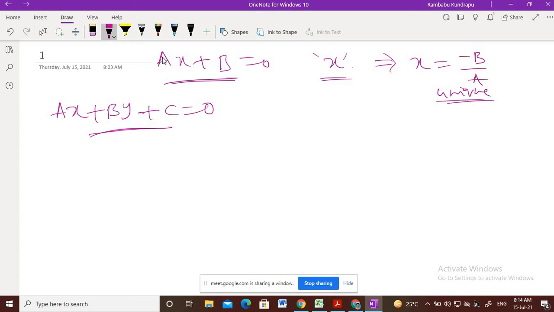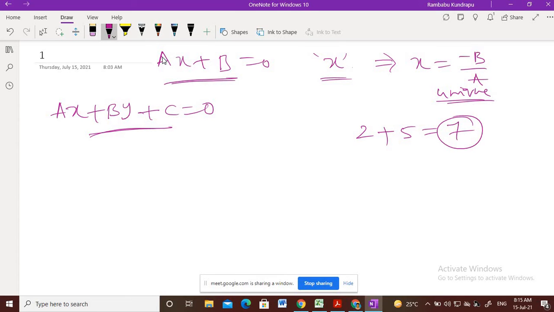Yes, Anusha. Sir, in a linear equation in one variable there is one constant, and in a linear equation in two variables also only one constant? Always for any equation only one constant is there, because for example, if you take two constants, one constant is 2, another constant is 5, after adding these two you will get 7, means only one constant.